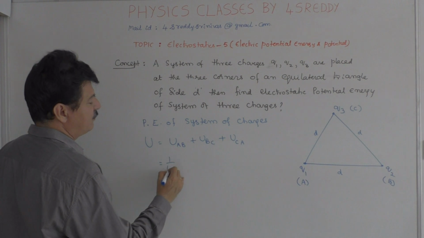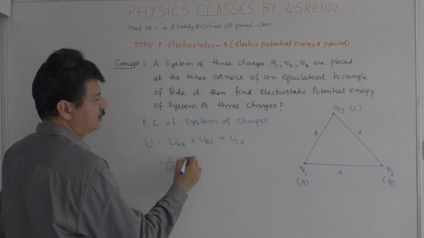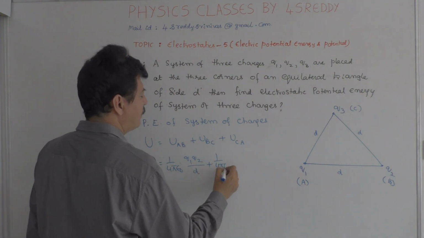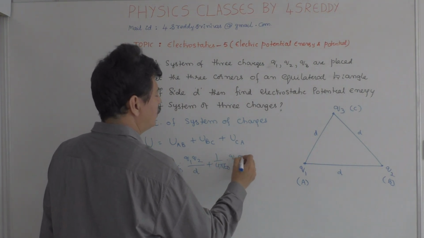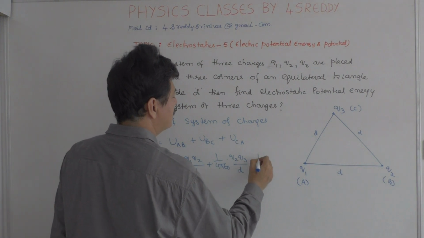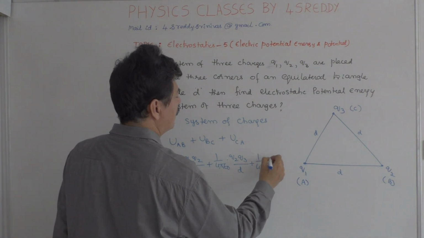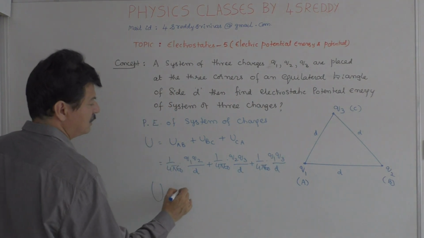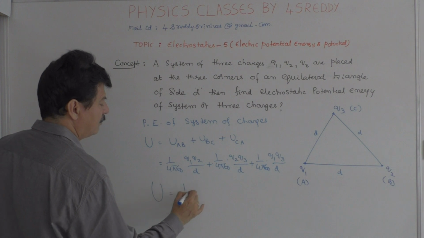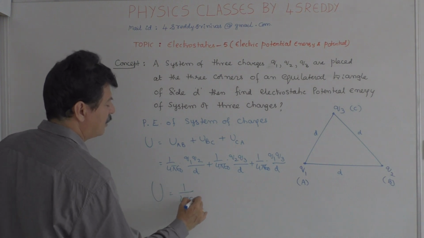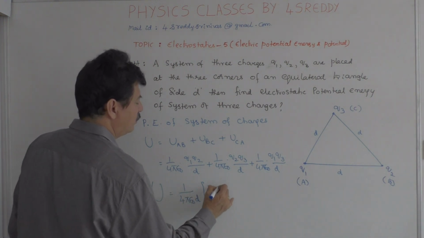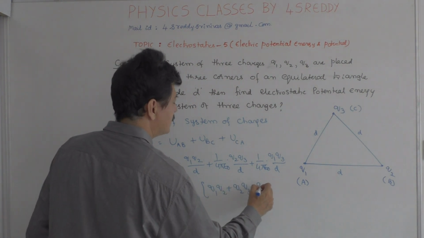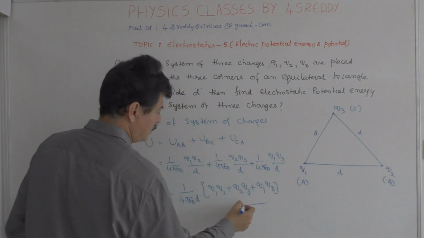That is 1 by 4 pi epsilon naught Q1 Q2 by D plus 1 by 4 pi epsilon naught Q2 Q3 by D plus 1 by 4 pi epsilon naught Q1 Q3 by D. Therefore, U is equal to 1 by 4 pi epsilon naught D into Q1 Q2 plus Q2 Q3 plus Q1 Q3.